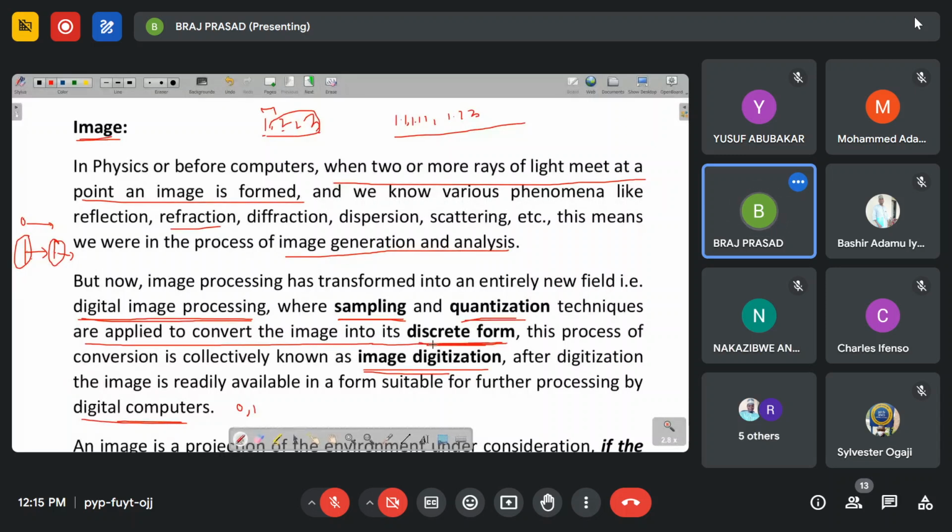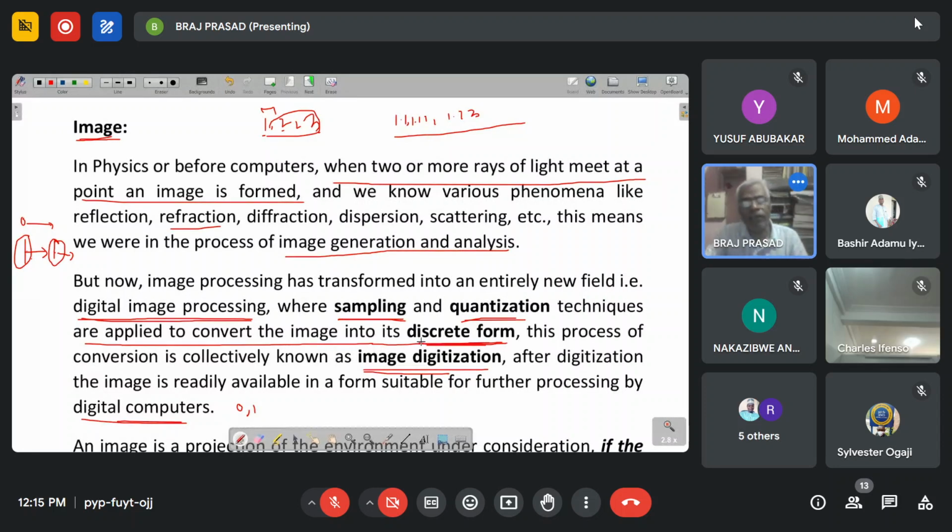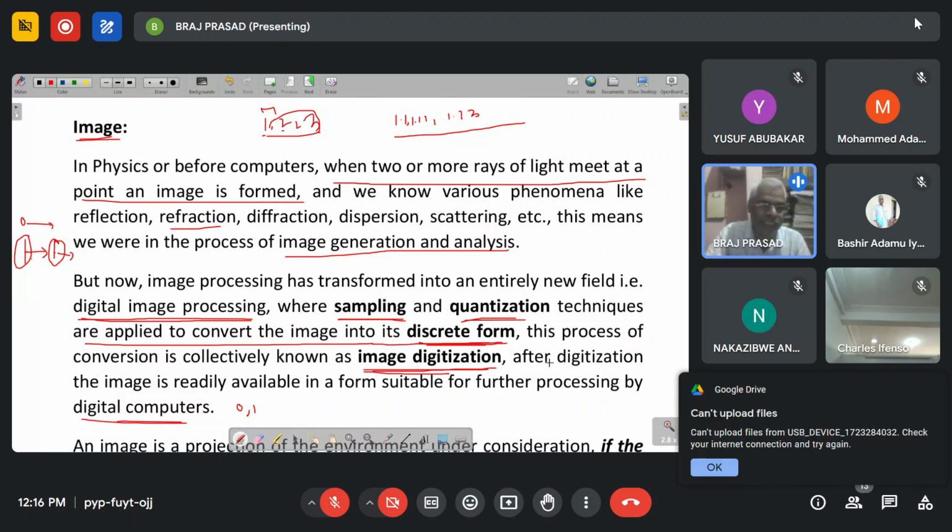This image is converted into discrete form by the process of image digitization. And after digitization, we get the value of this image in 0 and 1, and that 0 and 1 can be processed by the computer. So this is the basic funda of image processing.